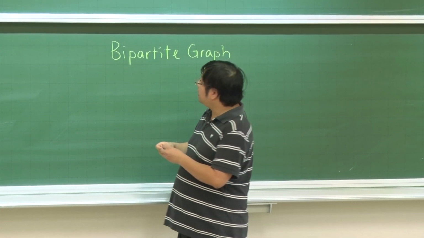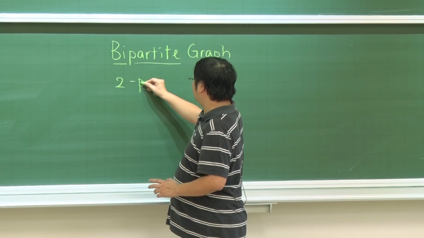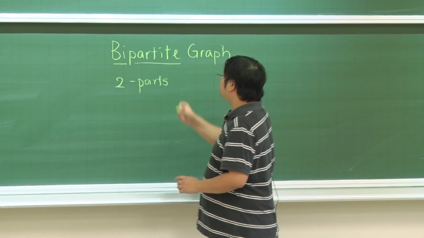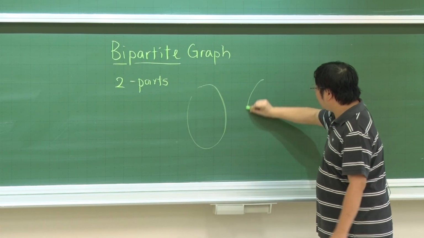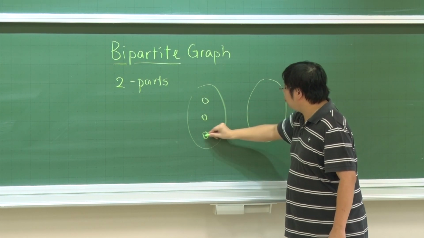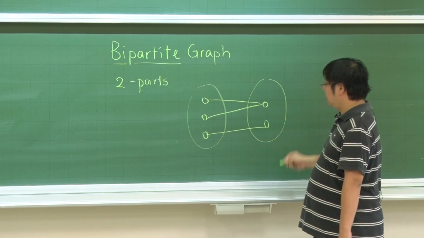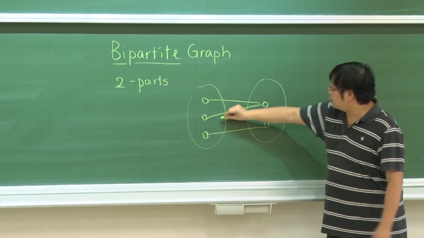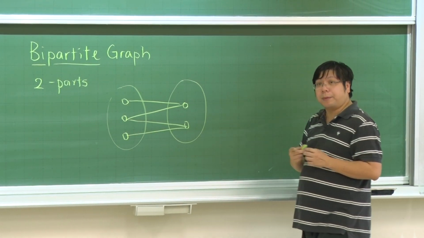So bipartite means bi means 2, partite means parts. So a graph is bipartite if we can divide the vertices into 2 groups such that edges are only joined between vertices in one group to the other group, and there are no edges joining vertices within the same group. So this is an example of a bipartite graph.